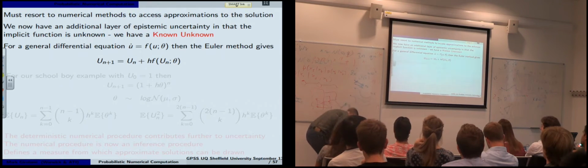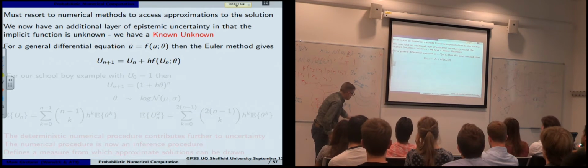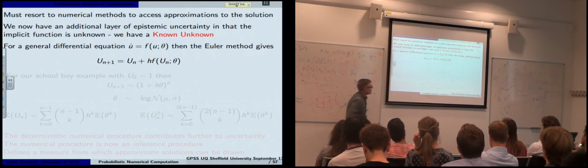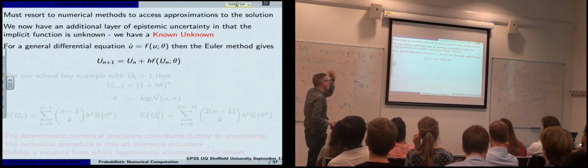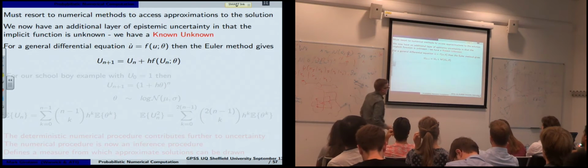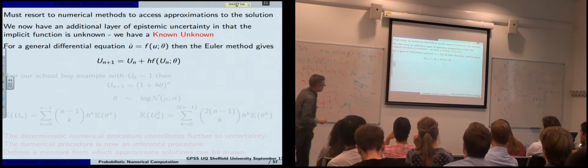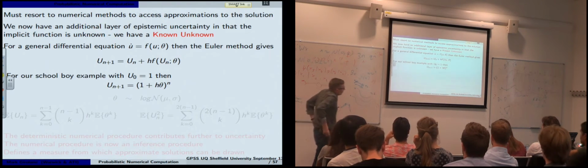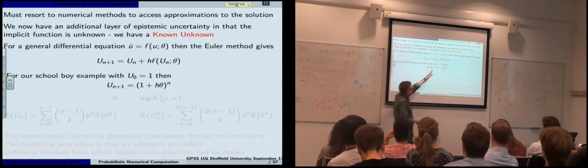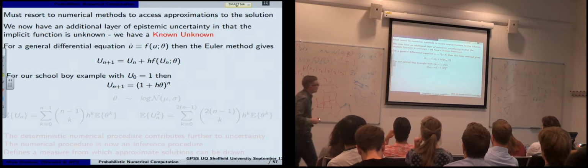And the error that is induced by this numerical procedure is very well studied, and we know that this will converge to the actual solution as h tends to 0. But we're not so much interested in h tending to 0, because if h tends to 0, we can't really do much.